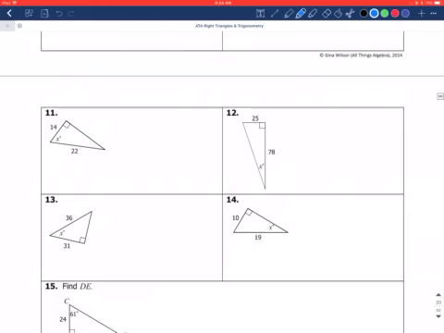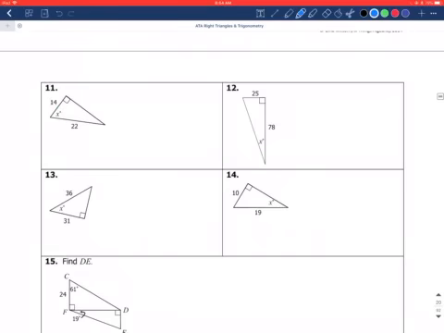All right, so I'm going to skip on down to 11, where we get into some of this inverse. So reference angle there, hypotenuse, adjacent, opposite. We have cosine again. So the cosine of x degrees equals adjacent 14 over hypotenuse 22.